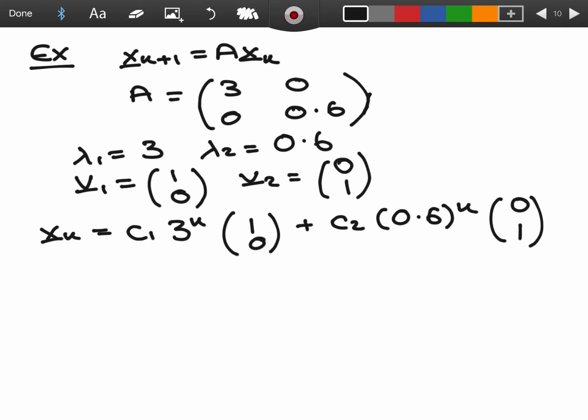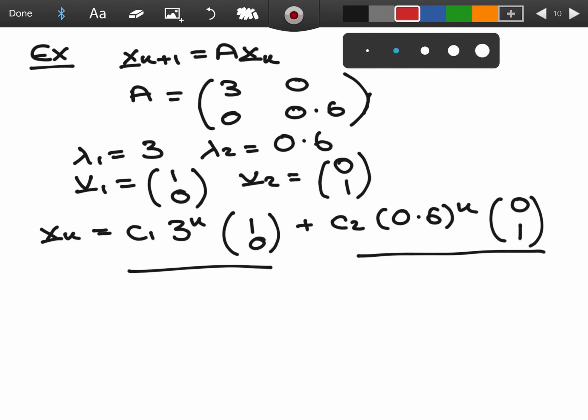So what does this look like? Well, you know that in this case, this term is going to go to infinity as k goes to infinity. This term is going to go to 0. So that tells us that along the line that contains 0 and (1, 0), in the direction of the x-axis, it's going to repel away from the origin.